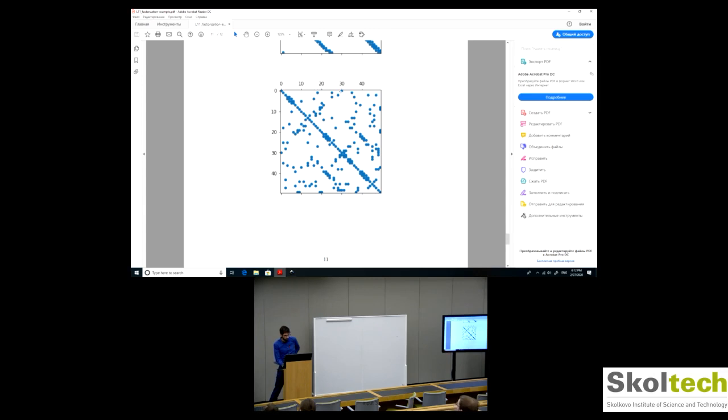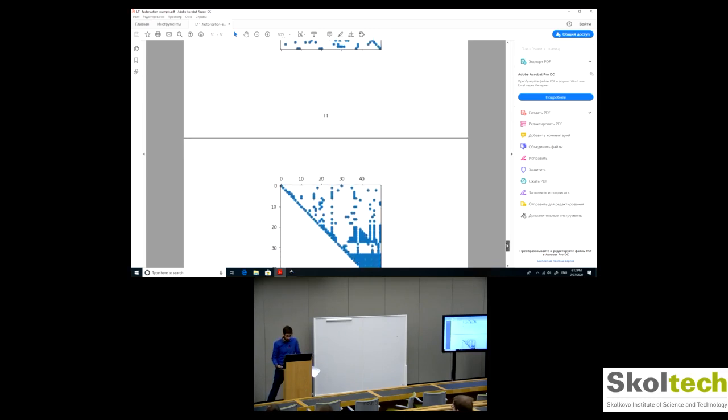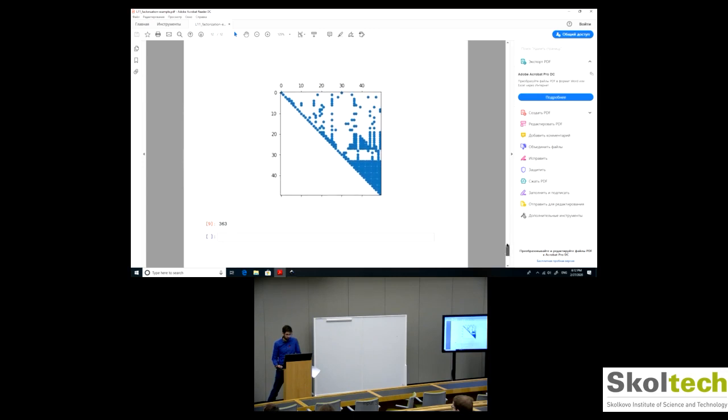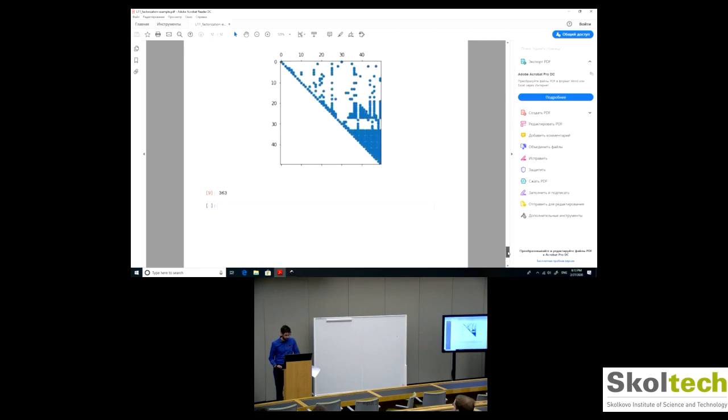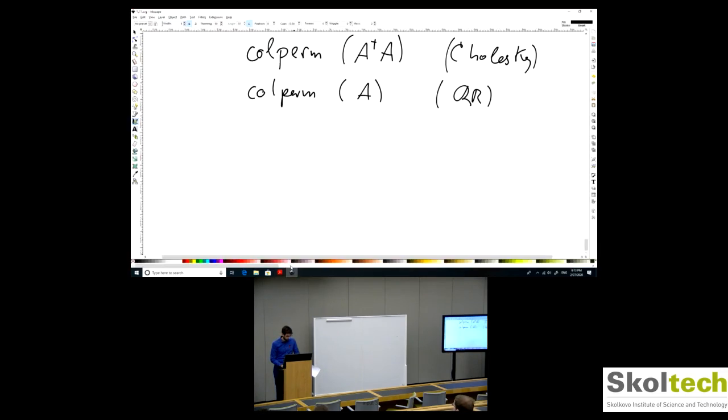I think this is 2, 3, well, I don't know. The machine did it, I didn't do it. And then the factorization is the same, right? So you get fewer non-zeros, which is good. This is something you are looking for, especially when you have large-scale problems. And basically, there's nothing else here.